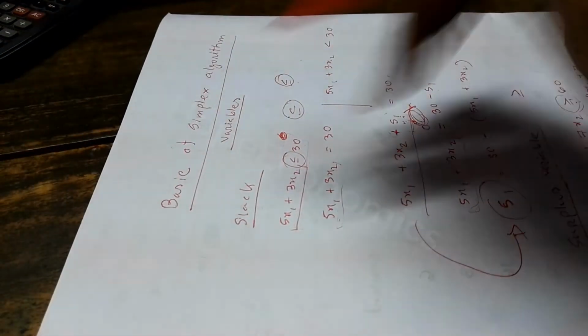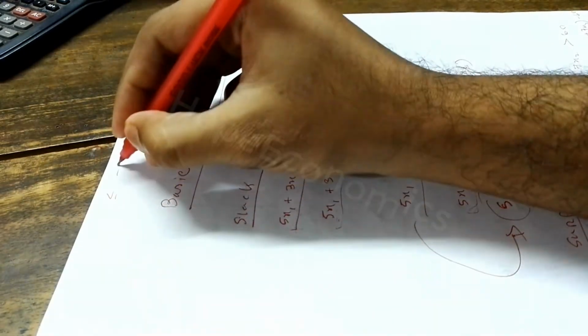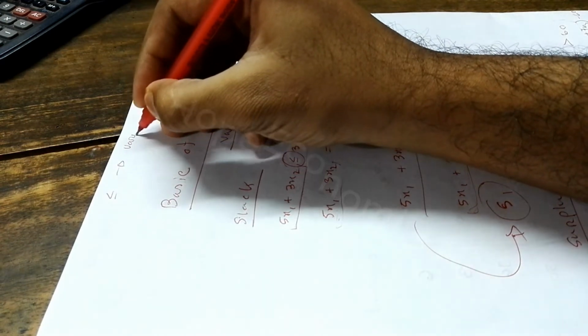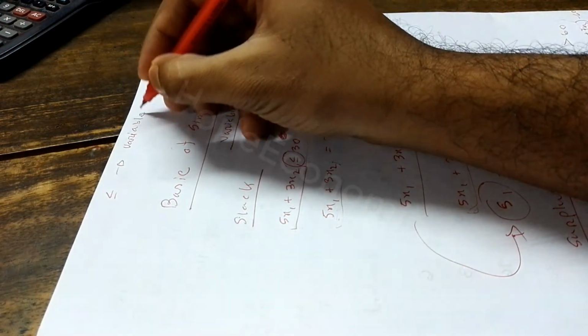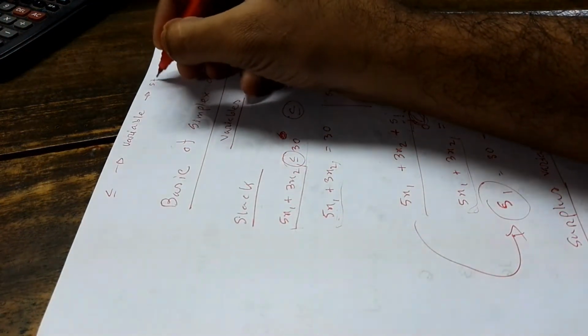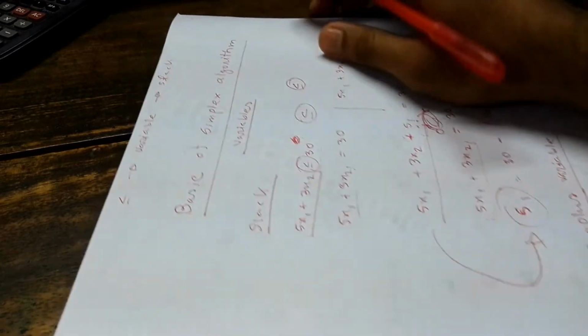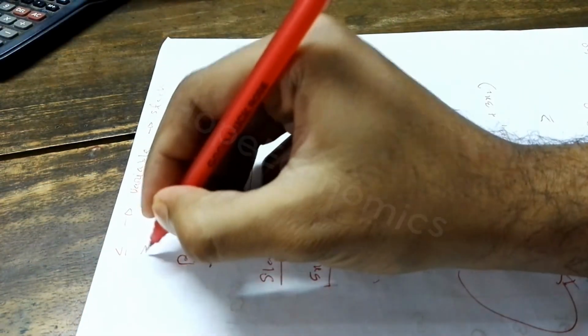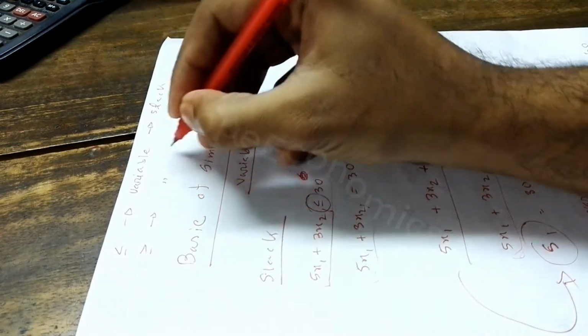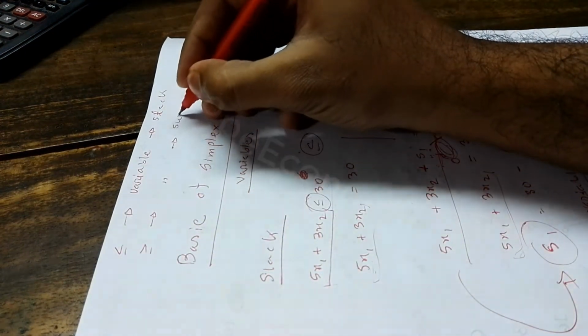So in case of less or equal, the variable will be slack, and in case of greater or equal inequalities, the variable will be surplus.